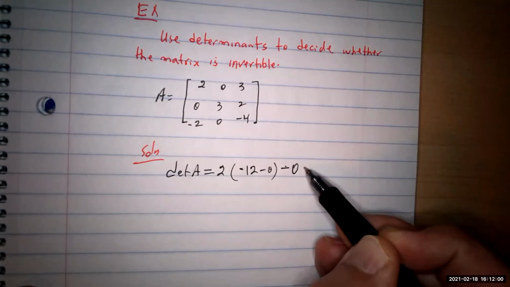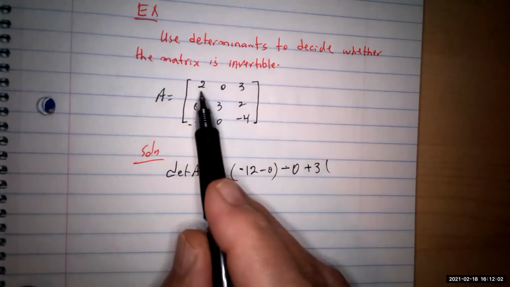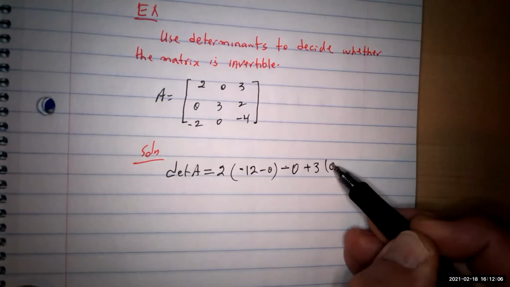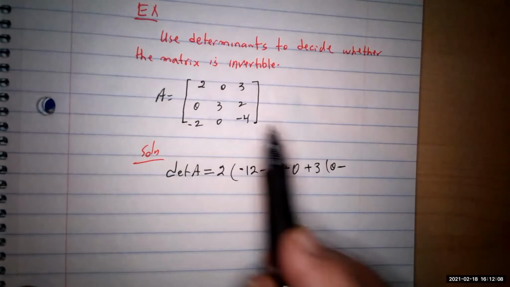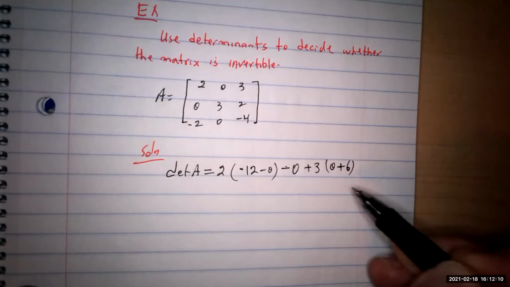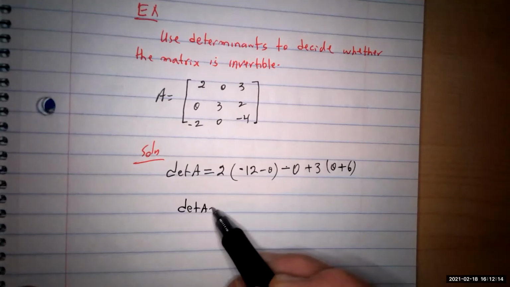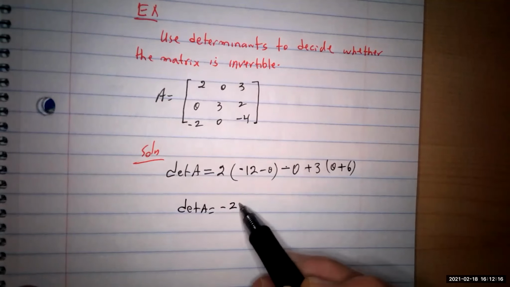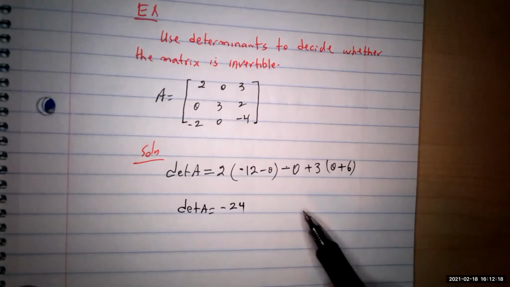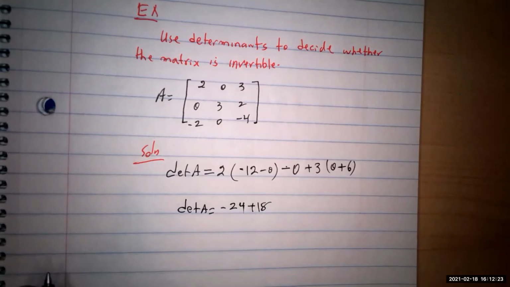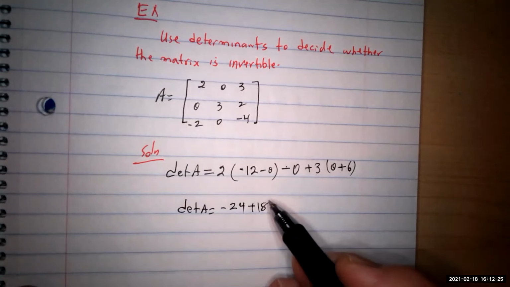Then plus 3 times, eliminating the first row, third column, that's going to be 0 minus negative 6, make it positive 6. So the determinant of A is going to be negative 24 plus 18, which is equal to negative 6.